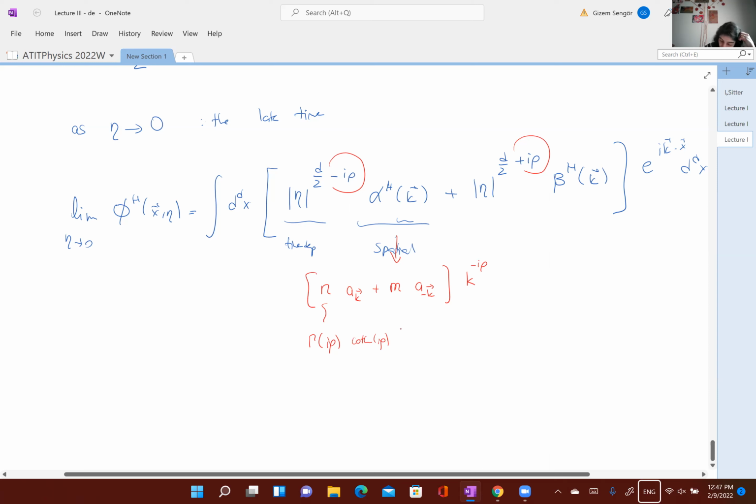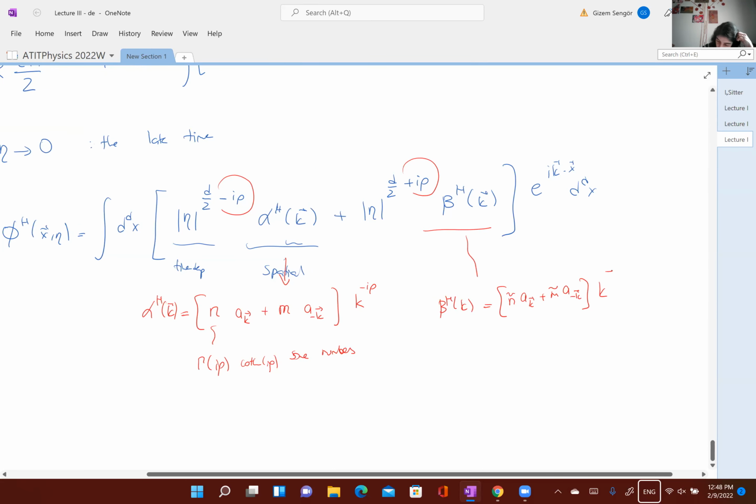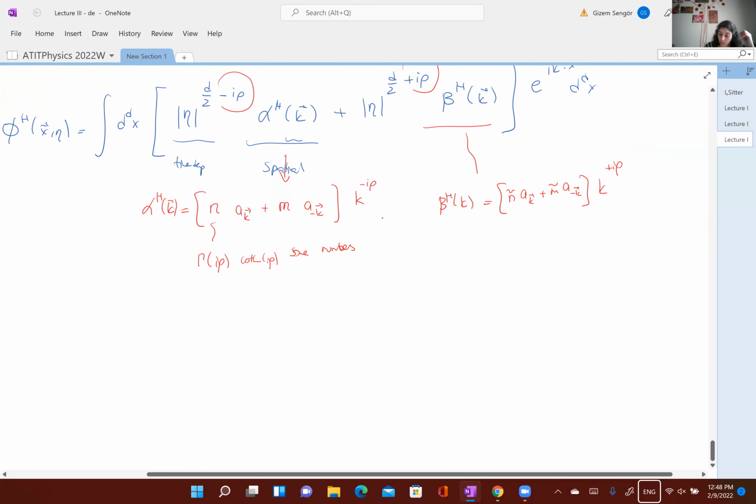There are some numbers for alpha k, and then for beta k you get again some different numbers. What is important is that on one side you have this k to the minus i rho, and on the other you have this k to the plus i rho.